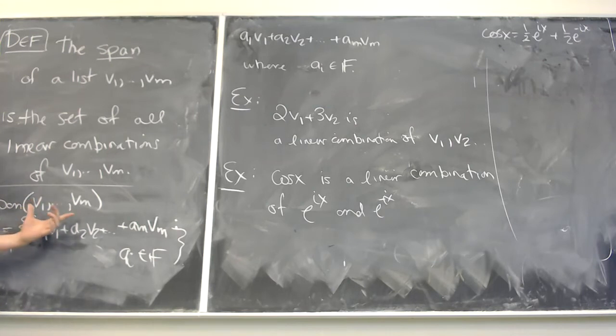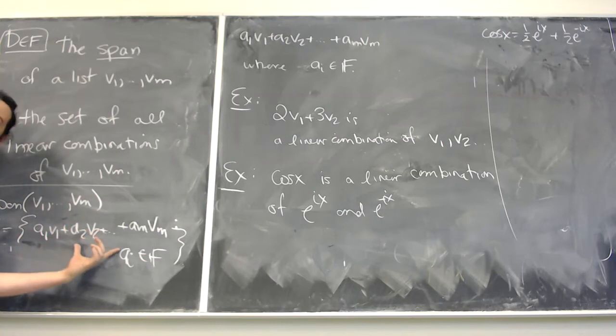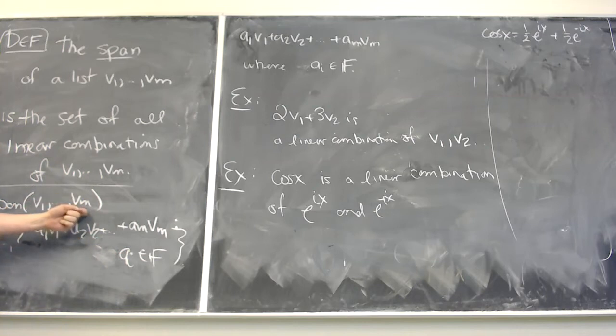If each vector in a span has a unique representation, then to say that this set is a direct sum of the spans of each of these individual vectors, that only happens if these vectors turn out to be linearly independent. I'm using ideas I haven't discussed yet, but direct sums, linear independence and span all sit together, and the idea of a basis is going to come in on that ground as well.